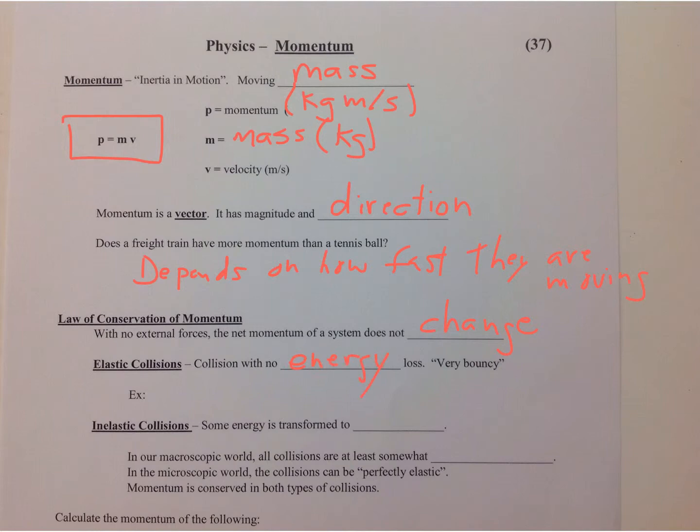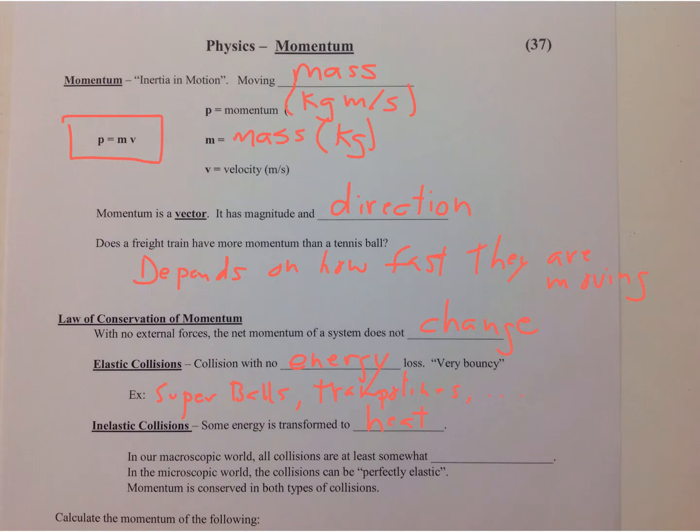These are very bouncy situations like super balls, trampolines, anything that's really, really bouncy is elastic. Inelastic is a collision where some energy is transferred to heat. Things that are not very bouncy. Dropping a big wad of clay onto the ground, it would just kind of basically stick there.